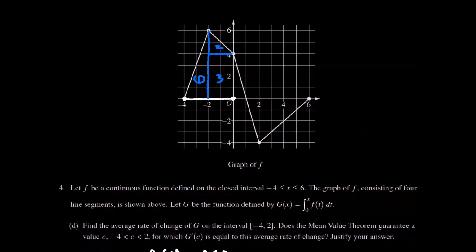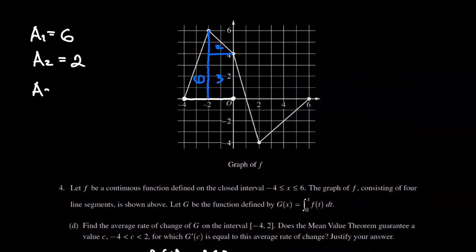And we can see that area 1, A1, is a triangle with base 2 and height 6. So the area is 1/2 times 2 times 6, which is 6. And we can just do it by counting the squares here as well. Area 2 is a triangle with base 2 and height 2 as well, so the area here is 2.